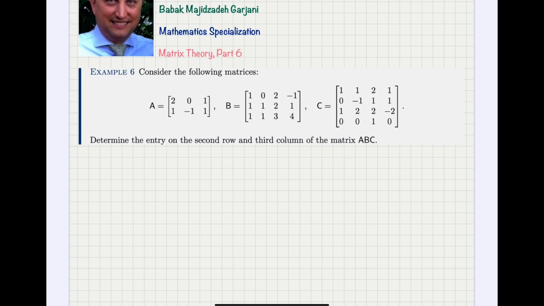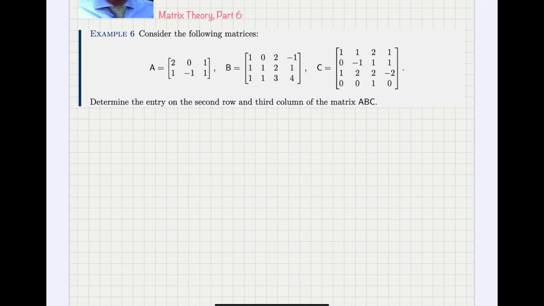But there is a simple way to do that. Let me remind you about the formulas. Do you remember I told you if you want to take the ith row of a matrix MN, you calculate the ith row of matrix M and multiply it by the whole matrix N. Okay, and then we had something for columns as well. Do you remember?